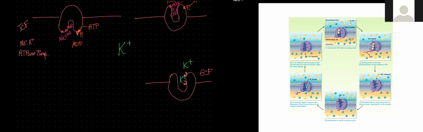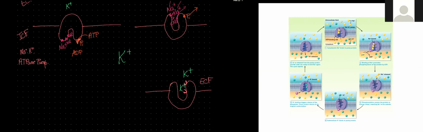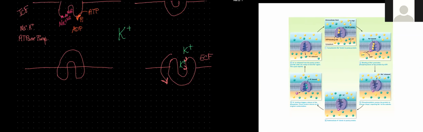So once the two potassium bind to the sodium potassium ATPase pump, the pump rotates another time to face the inside of the cell, moving the two potassium to the inside of the cell membrane.